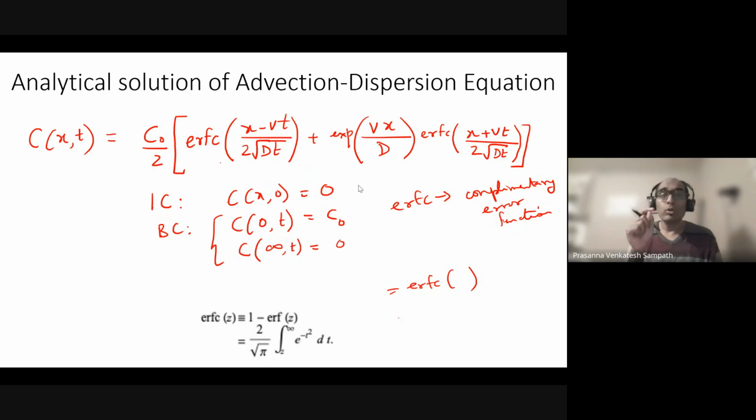Now, you will notice the boundary conditions for this particular problem: C at 0 comma t, which is C at x equal to 0, for all time t greater than 0, the concentration is specified as C naught. And then the other boundary condition is an infinite boundary condition, C at x equal to infinity, which means at some large distance, for all time t, the concentration is assumed to be 0.